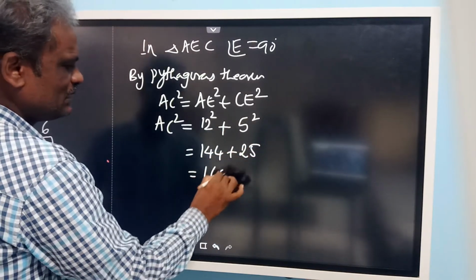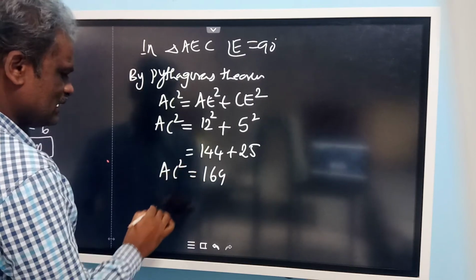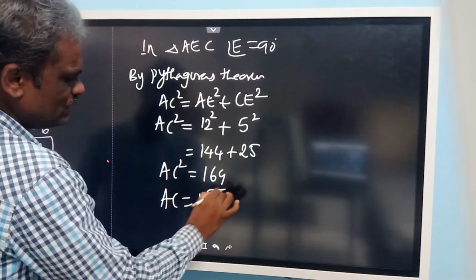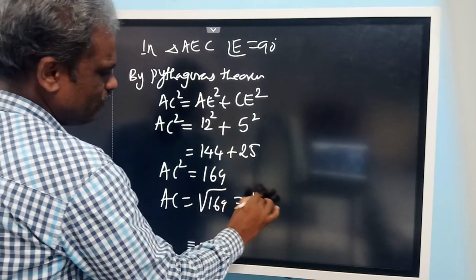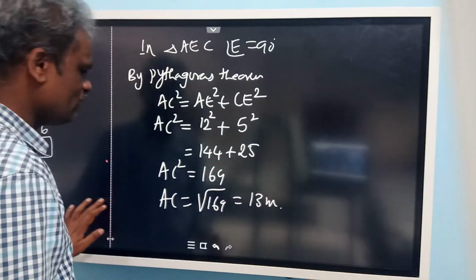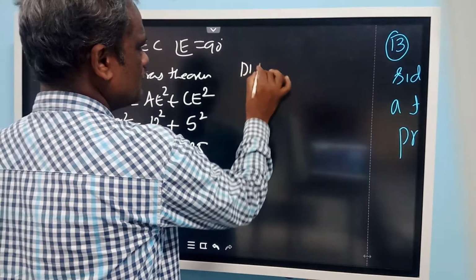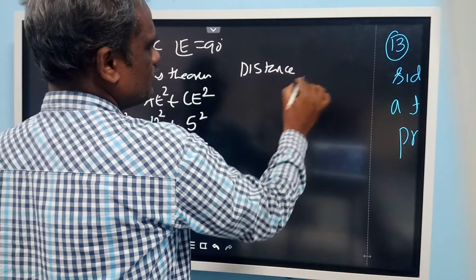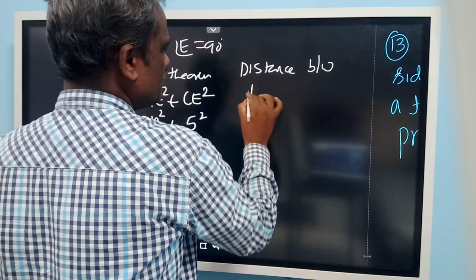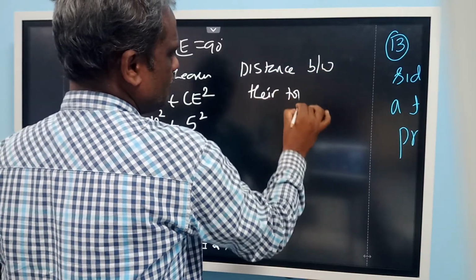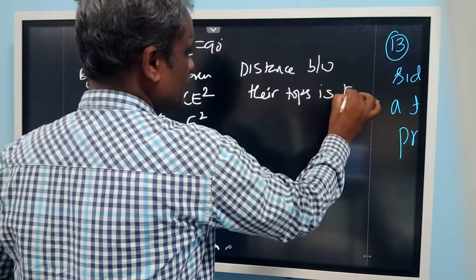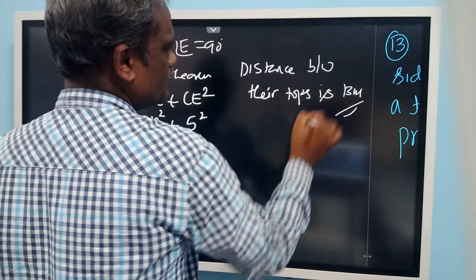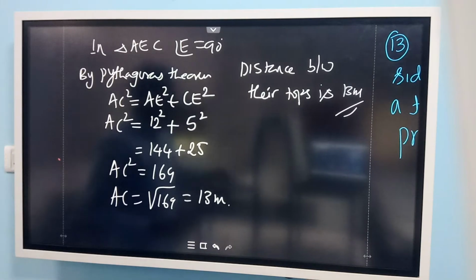So it becomes 169. AC square is equal to 169. AC is equal to root 169, so that is 13 meters. So the distance between the tops is 13 meter. Okay, so that is the solution here.